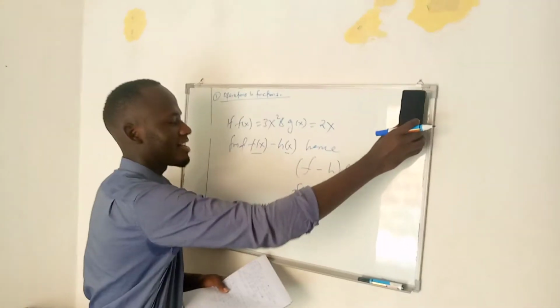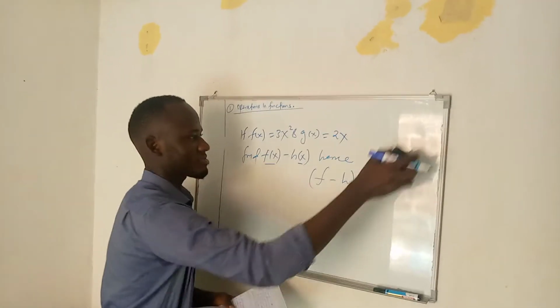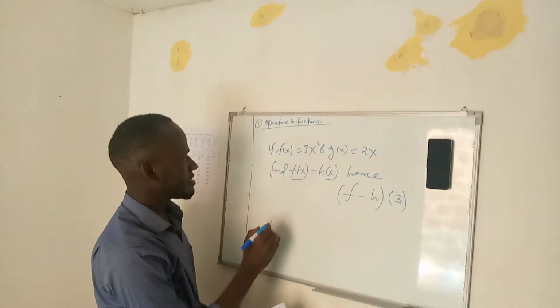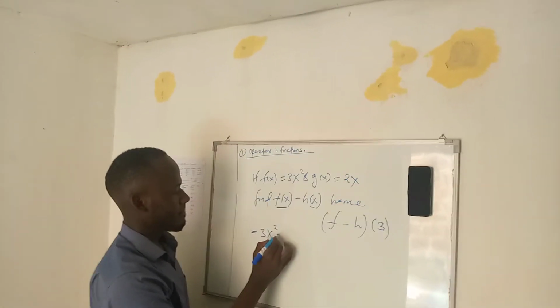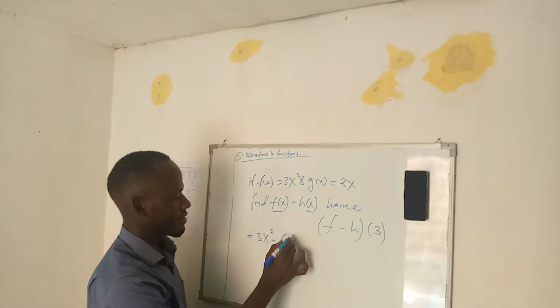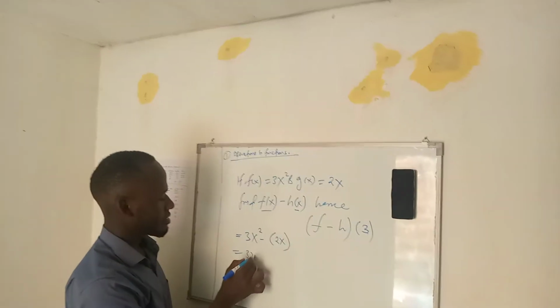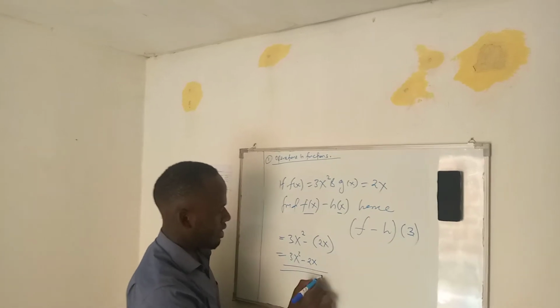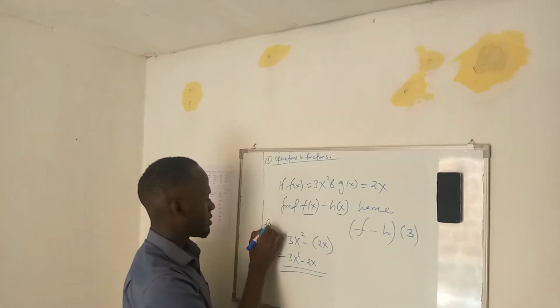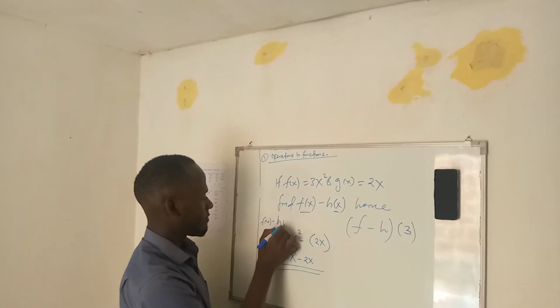So here we shall literally say our f of x minus h of x is equal to 3x squared minus bracket 2x. It will be equal to 3x squared minus 2x. That is our f of x minus h of x.